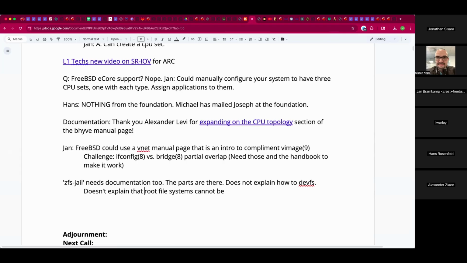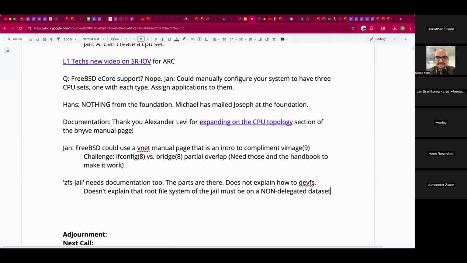Please explain that the root file system cannot be delegated in what regard? As in the root of the host or of the jail? The root directory of the jail must be on a non-delegated file system because the mount point must already exist and so on.